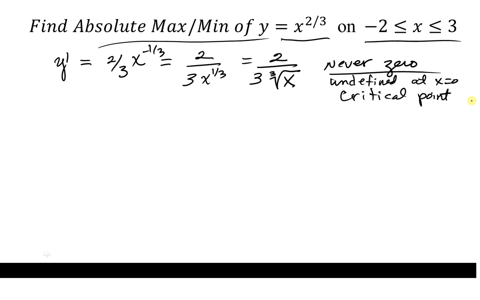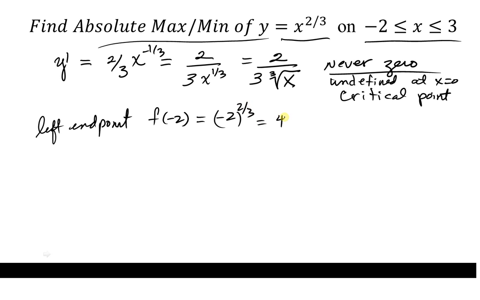Now we need to look at the endpoints. At the left endpoint, the value of the function f at -2 is equal to (-2) to the 2/3 power, which is equal to 4 to the 1/3 power, which is the cube root of 4.